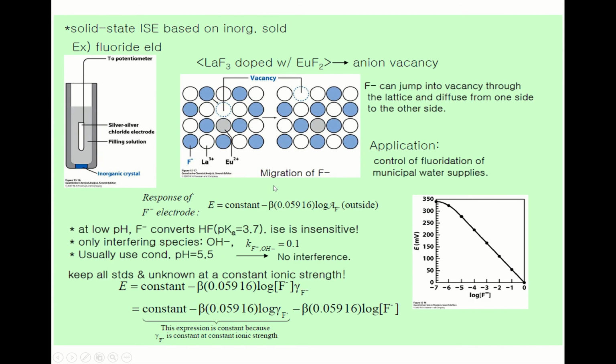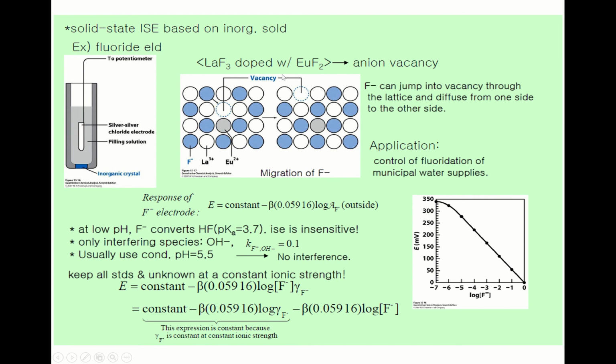Let's first consider the solid state based ion selective electrode. Here is lanthanum fluoride. When it is doped with europium fluoride, it is sensitive to fluoride ion. This is an inorganic crystal, lanthanum fluoride, and lanthanum has a 3 plus charge.